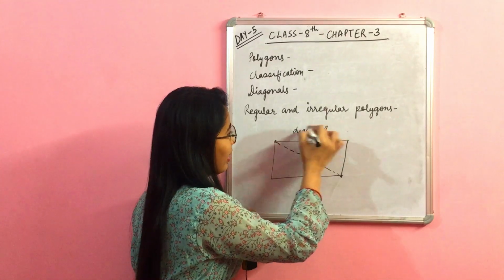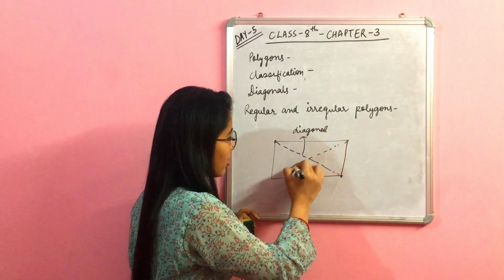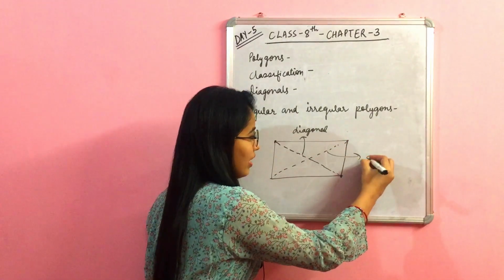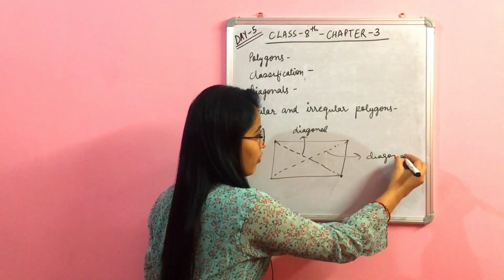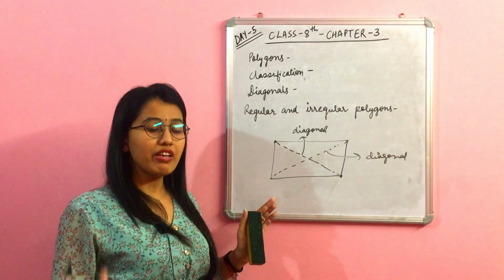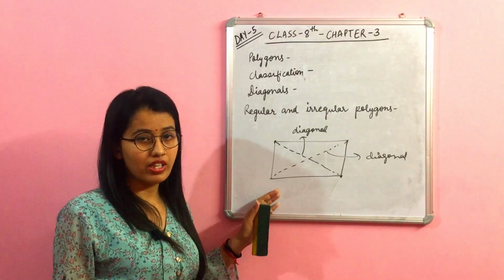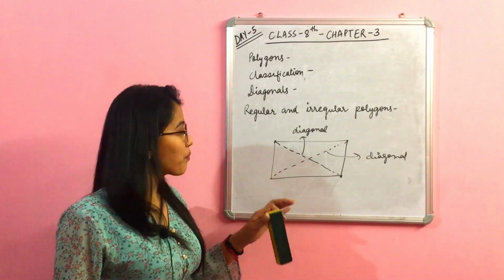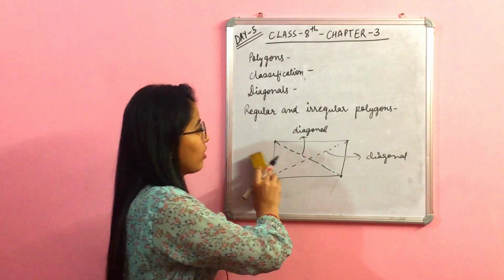Similarly, if I join these two vertices, these are non-consecutive vertices, so this is also a diagonal of a rectangle. Similarly we can find the diagonal of a square, rhombus, and parallelogram as well. So this is what diagonal means.